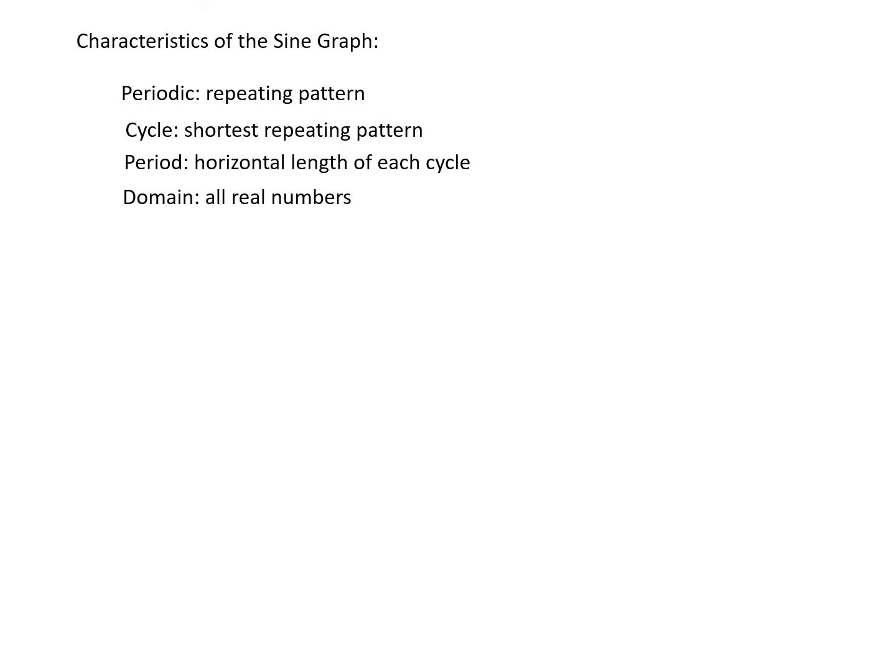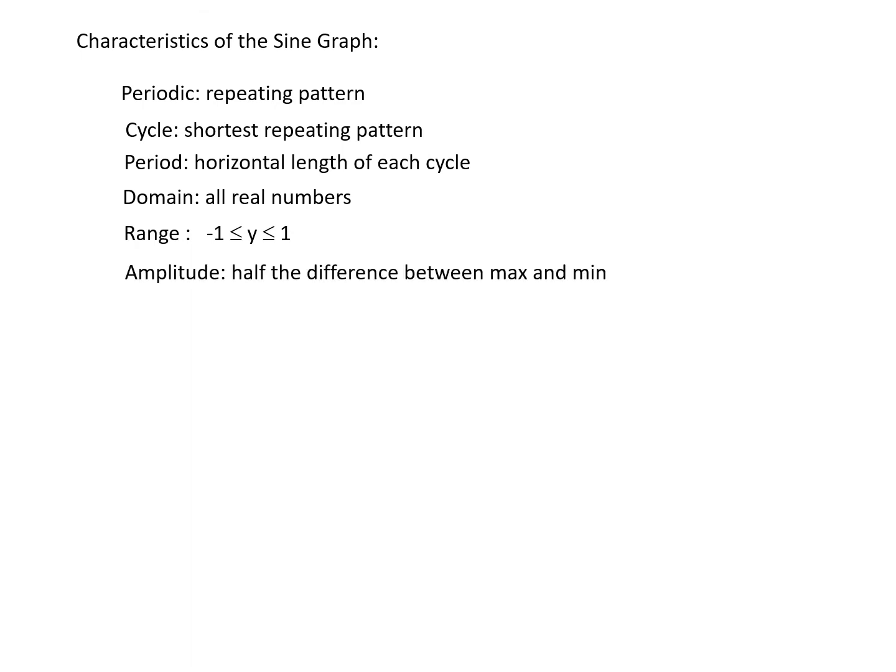The domain is all real numbers because on the x-axis, it can go on and on forever. That curve can go up and down in a wave, on and on and on. But the range for your standard sine curve is going to be between -1 and 1. Now, we can stretch that curve, as you're going to see in a little bit, and we can change that. But for your standard sine curve, it'll be between -1 and 1.